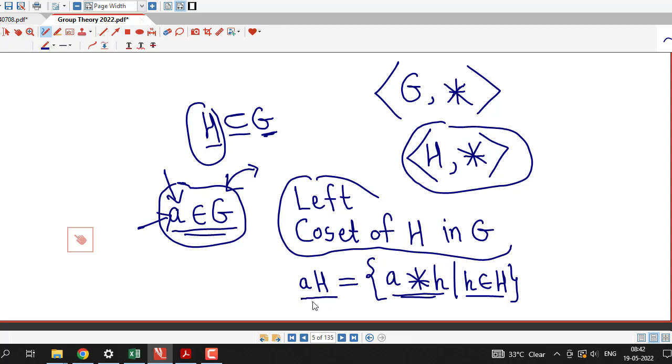It is denoted by aH, and another notation is a star H. Whatever binary operation is there, we have to use that binary operation.